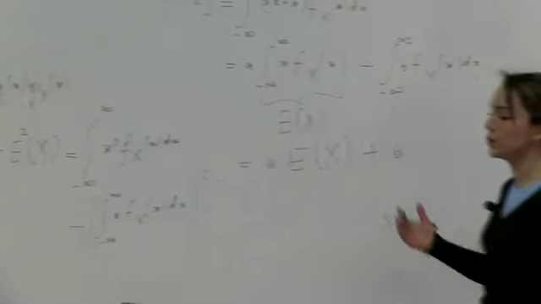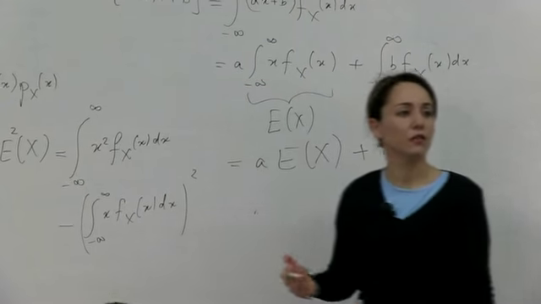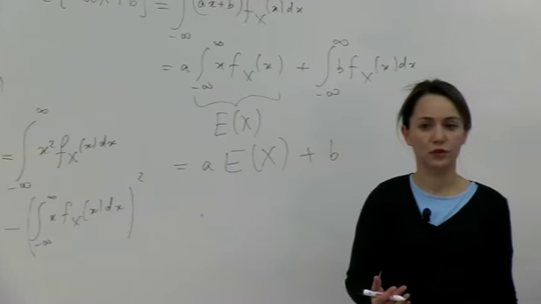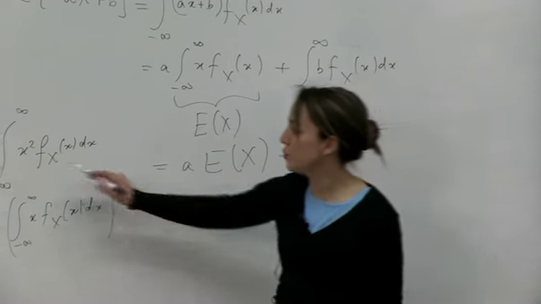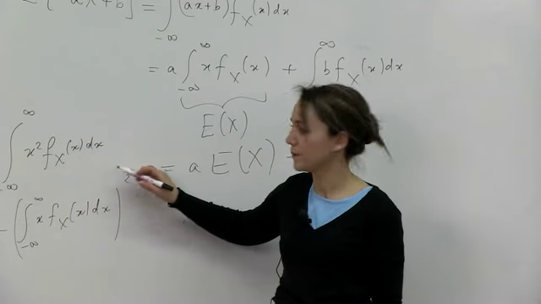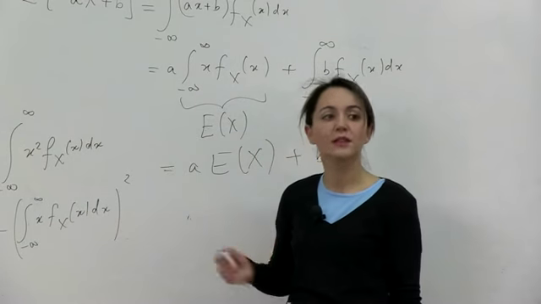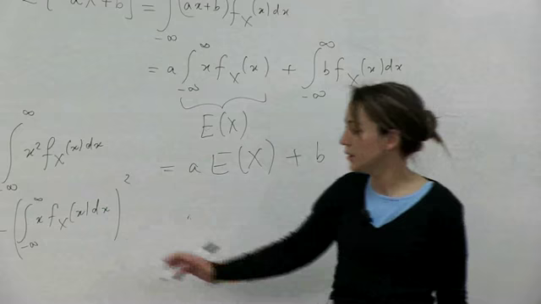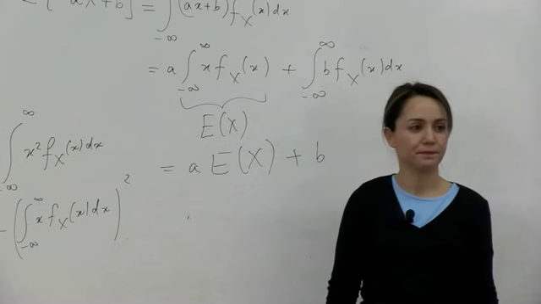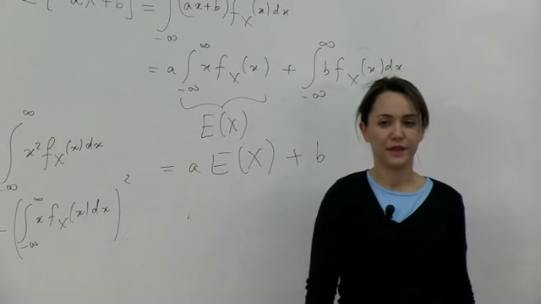This is how you would compute the variance for a continuous random variable X. First, compute the second moment, the expectation of X squared. Subtract from that the square of the expectation. Any questions?